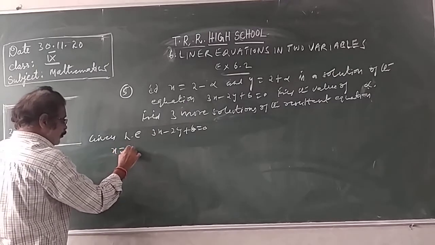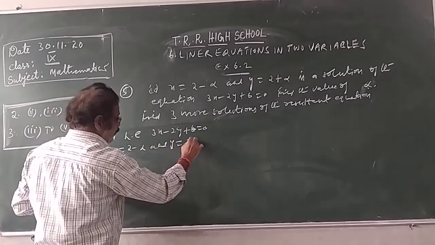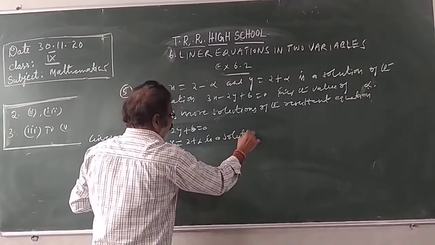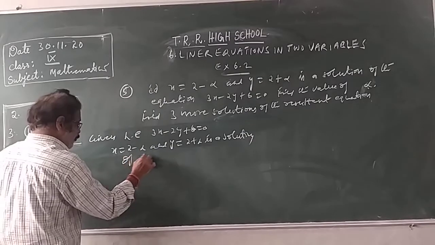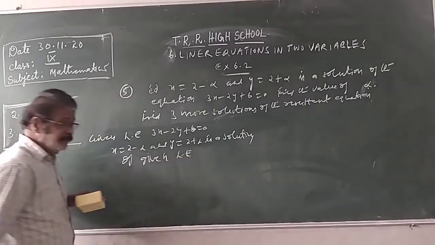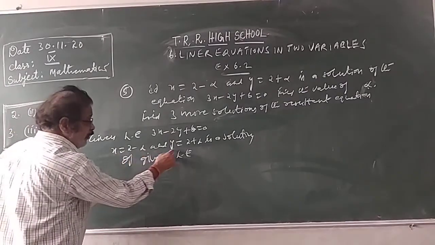So x is equal to 2 minus alpha and y is equal to 2 plus alpha is a solution of the given linear equation.